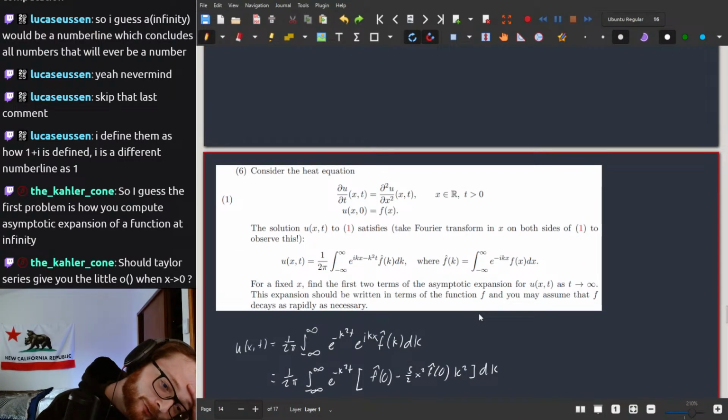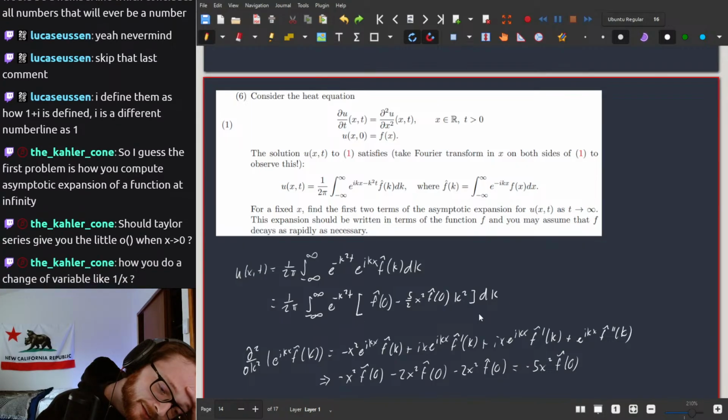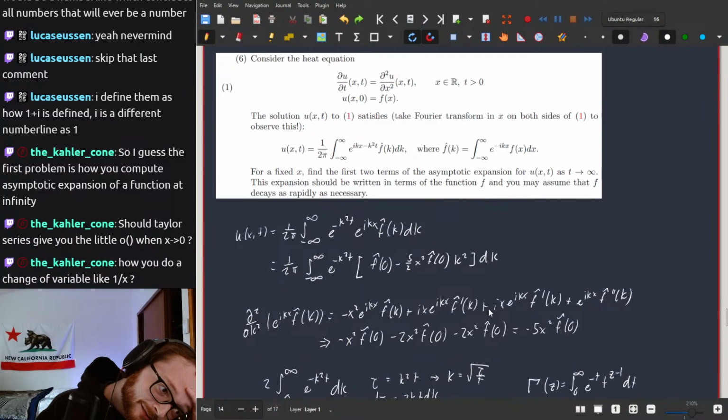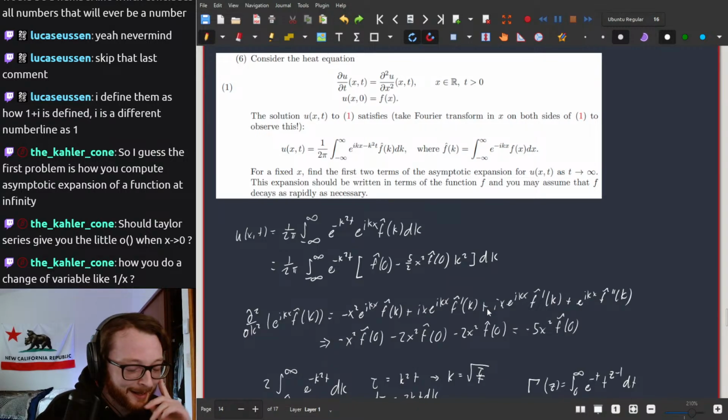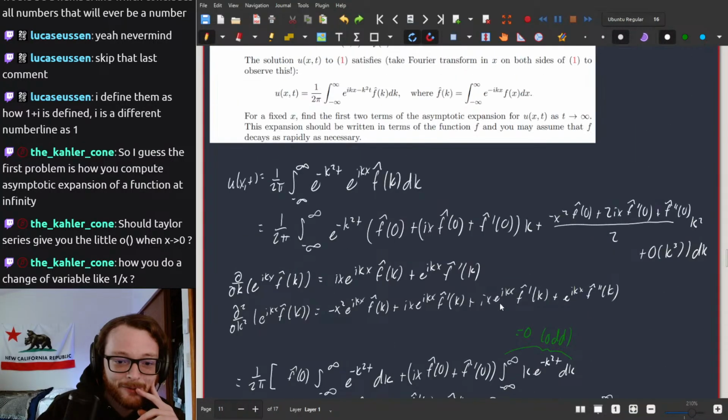It gives you the little o of something, probably whatever you're expanding around. I honestly am really not good at this, so I don't really know.